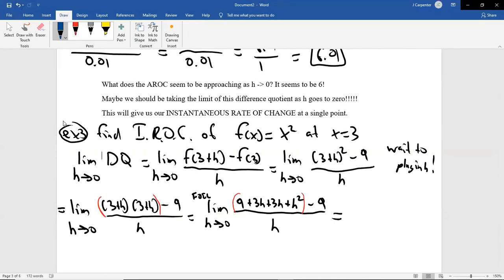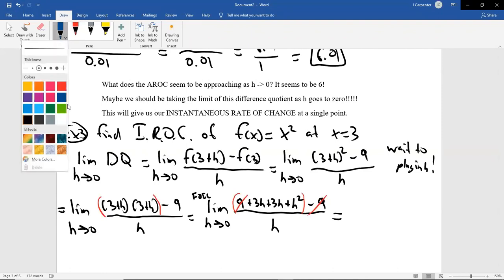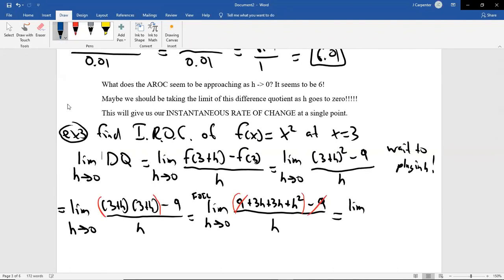Look what happens. The 9 and the minus 9 cancel. This 9 and this minus 9 cancel. Gone. Gone. The 3h and the 3h will stack to a 6h. So this is now the limit as h goes to 0 of 6h plus h squared all over h.